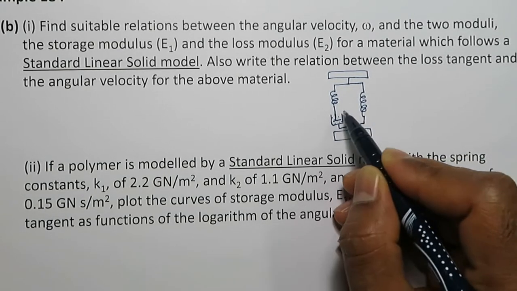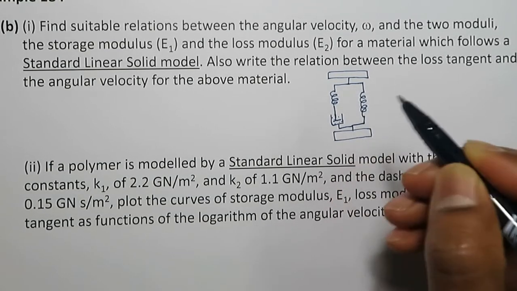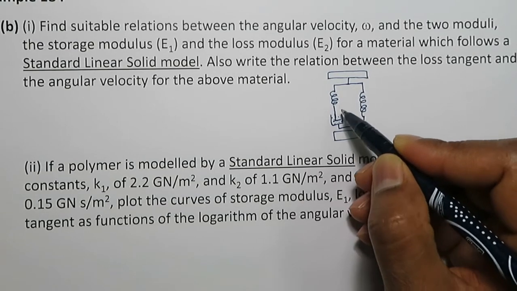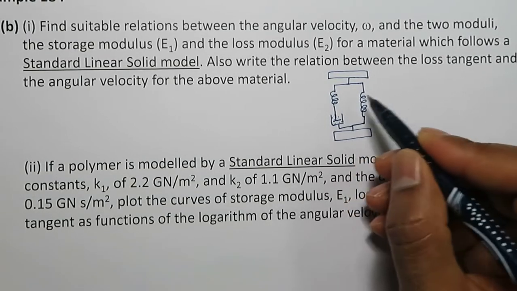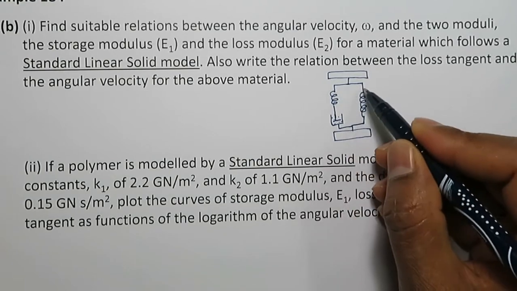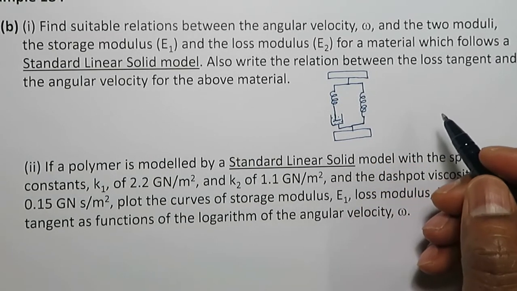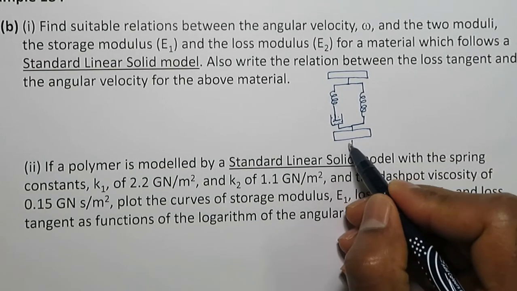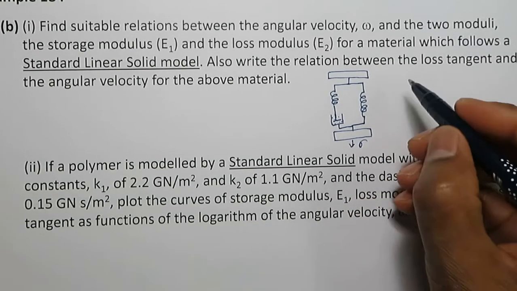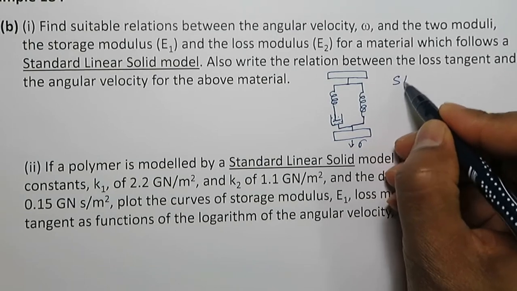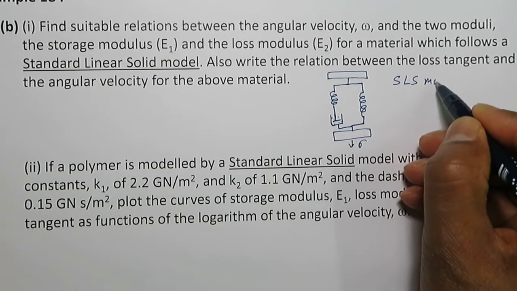So there is one dashpot and two springs. One spring and one dashpot are in series, and this combination and another spring are in parallel. This is known as the standard linear solid model.